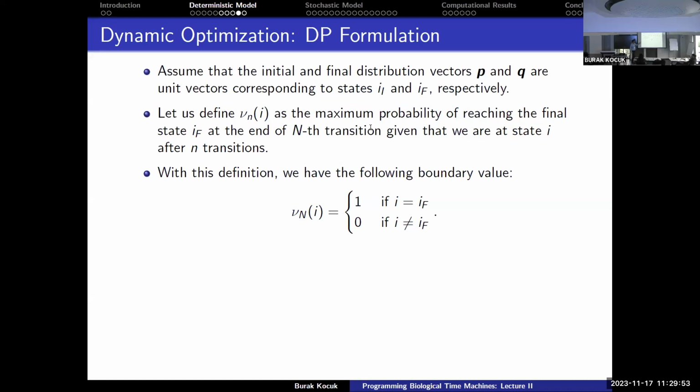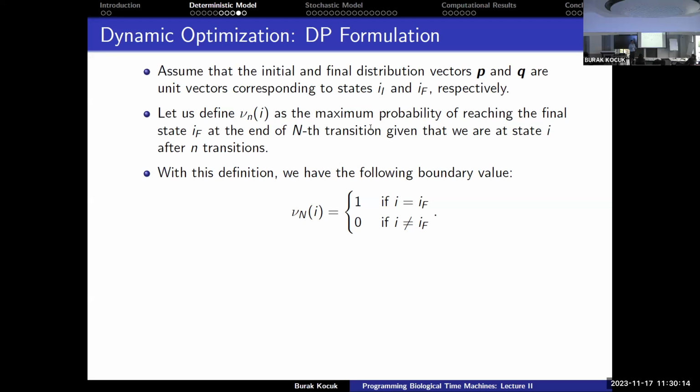Well, given this value, for example, you can try to answer the question: what is mu capital N minus 1 of a state? Because now you have one decision to make, and you know what will happen after that decision.